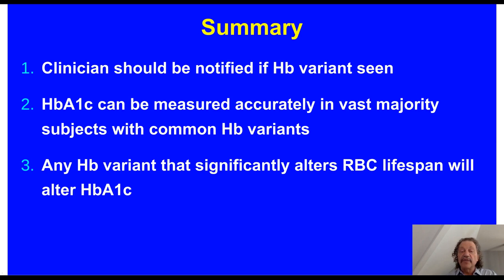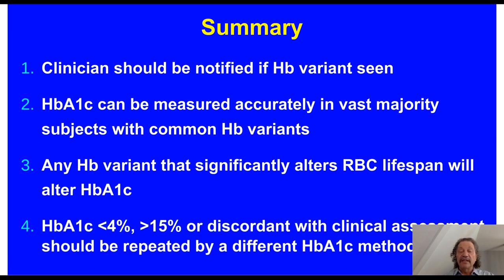And any hemoglobin variant that significantly alters red cell lifespan will alter hemoglobin A1c. And finally, if the hemoglobin A1c is less than 4, more than 15, or discordant with the clinical assessment, it should be repeated by a different hemoglobin A1c method.